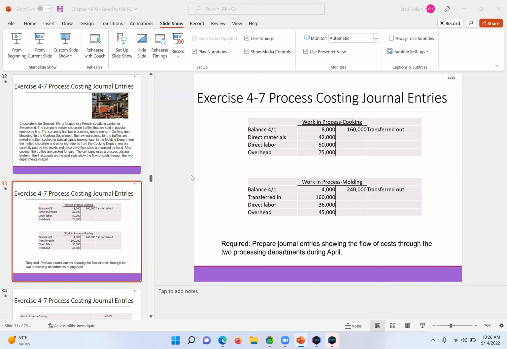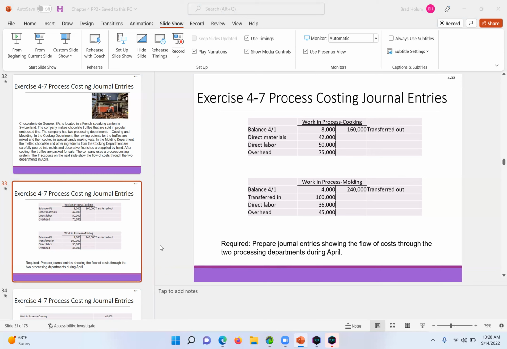Okay. Guys, you ready? I guess so. Okay. Why don't one of you start? I can share my screen if you want, or we can just talk. Okay, we'll just talk. For the first one, I'd call it work in process cooking.